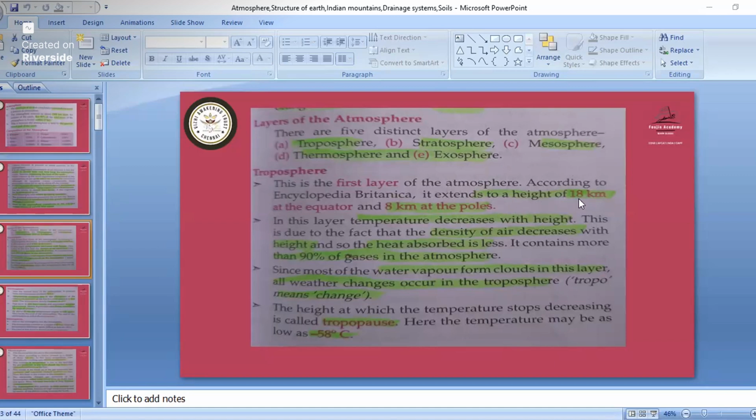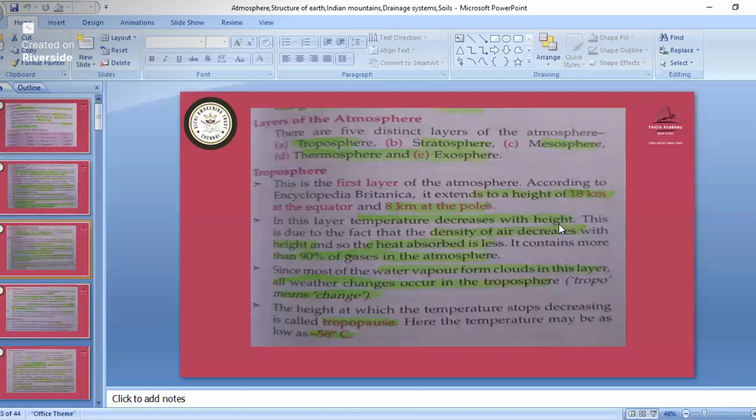So from 0 kilometer to 16 or 18 kilometers is the height it extends at the equator, and at the poles it is 8 kilometers.